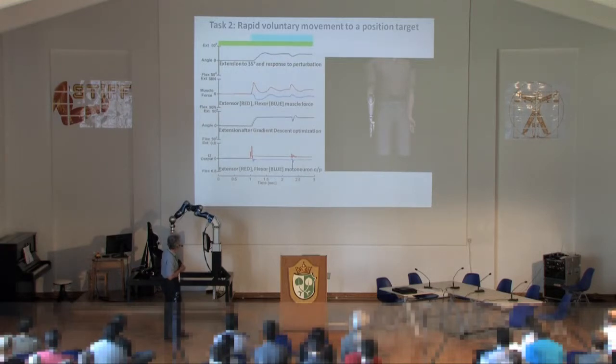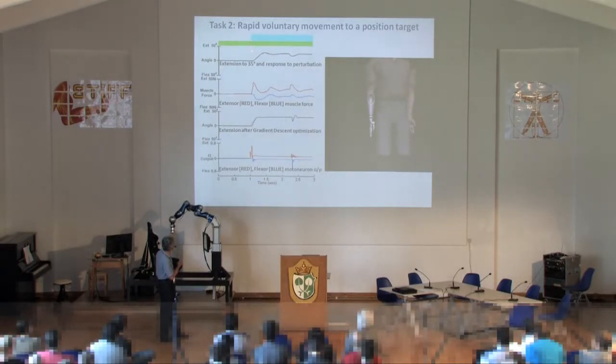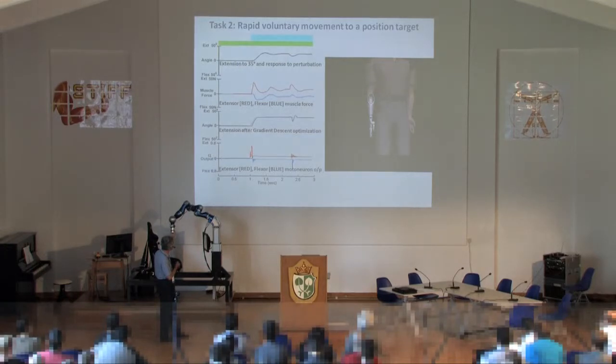So here's a slightly more ambitious task. Now we are maintaining stability initially and then asking the system to go as rapidly as possible to a new angle and hold at that angle and then resist perturbation at that new position. And so when this step comes along, we see phasic activity first in the agonist to get it accelerated upward, then in the antagonist to break it at that level, and then this phasic agonist-antagonist burst if the system is perturbed.